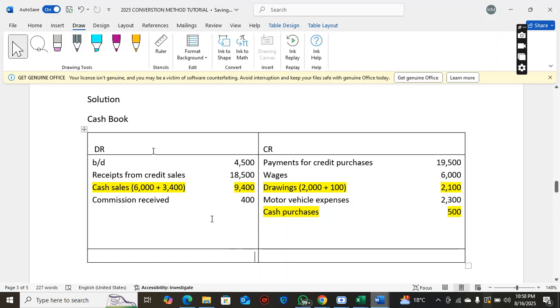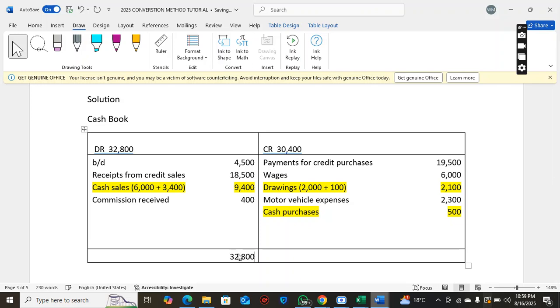So here we put 32,800. I'm just putting it here so that I remember the number. Do not ever, in the exam, put a number here. 30,400. Okay.